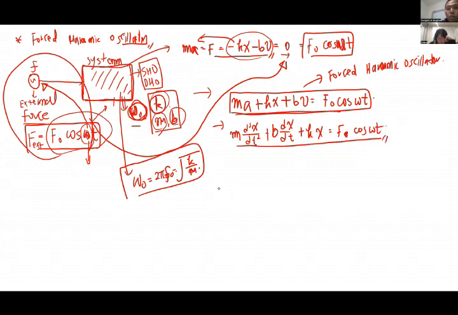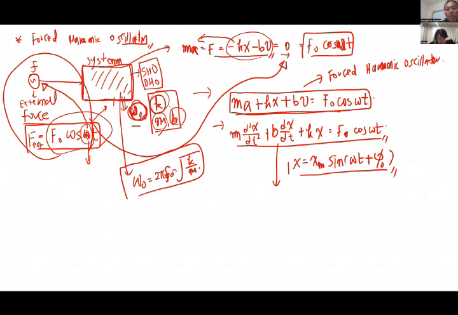Okay, so usually in case you have external force, the solution of this type of second order differential equation is given by the format of a sine function. That should be x, the maximum amplitude, times sine of omega t plus initial phase pi naught.